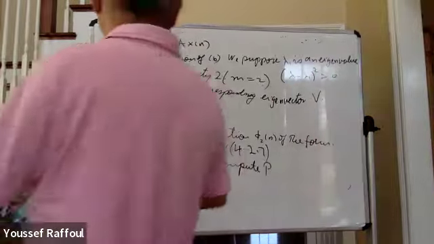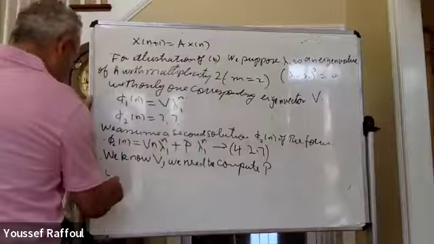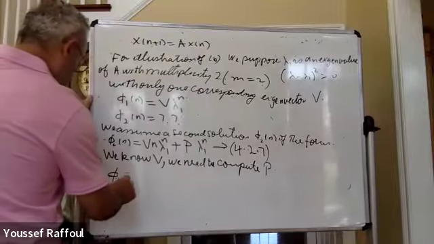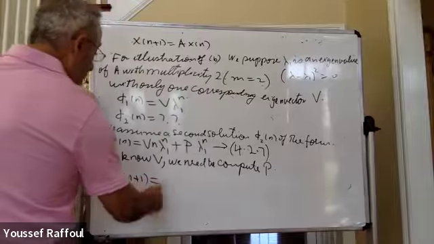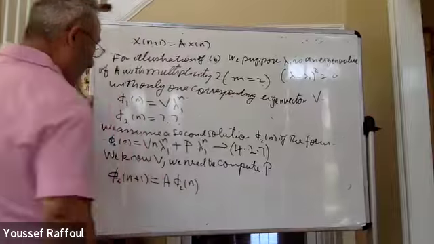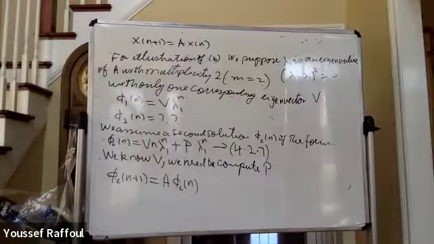Now, substitute here. So we know phi 2 of n plus 1 equals A phi 2 of n. You see what happened?